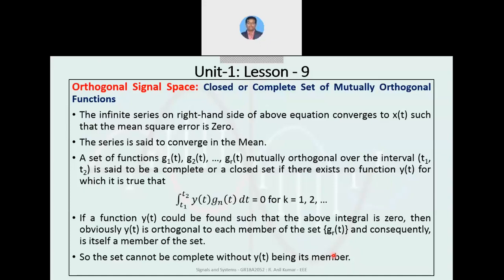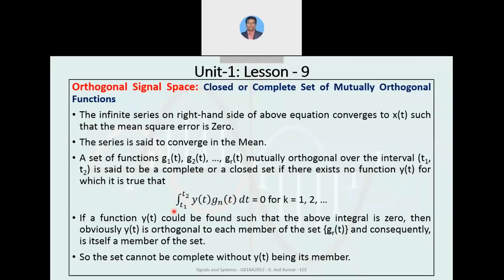Next, the set of functions g1 to gr, mutually orthogonal over the interval t1 to t2, is said to be a complete or closed set if there exists no function y of t such that, in expression form, integral t1 to t2 y of t gk of t dt equals 0, for k equals 1, 2 and so on.